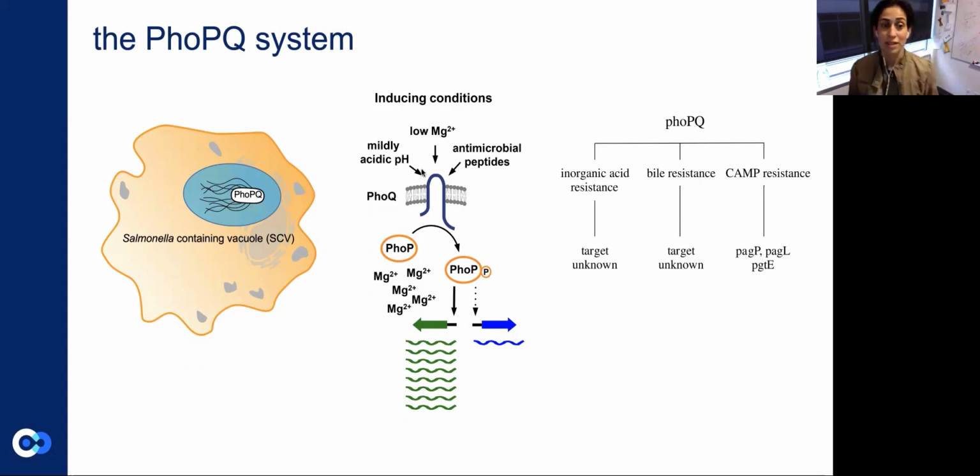These include things like low pH, low magnesium, the presence of host antimicrobial peptides, and PhoQ then phosphorylates PhoP, and PhoP induces expression of a bunch of genes that are necessary for Salmonella to survive inside the host. This includes many genes, including genes that are involved in imparting antimicrobial resistance.